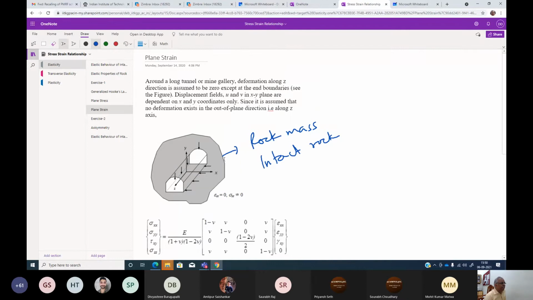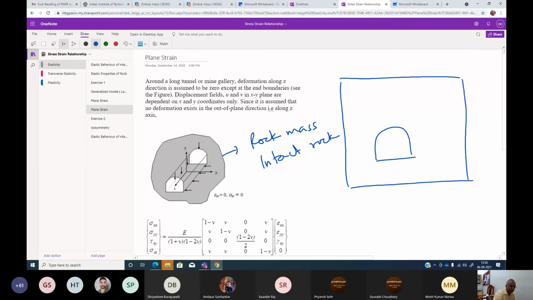So let's assume now a tunnel has been built in rock or in rock mass, doesn't matter. Again, the tunnel axis is the z-axis and xy is any plane cutting it vertically. As before, if I take only a plane, load is applied in x and y direction only.